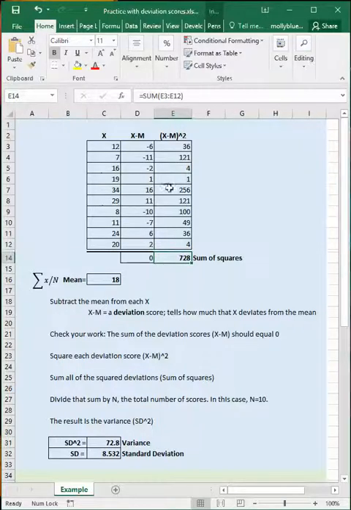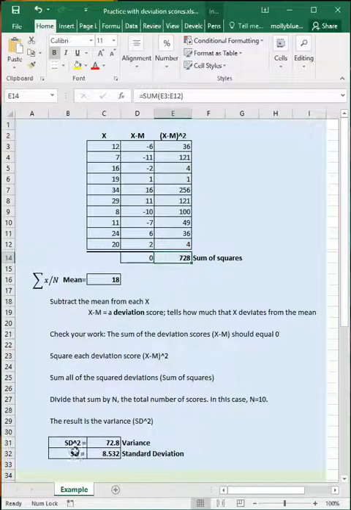Now, why did we do all this? Well, because we're trying to find the variance and the standard deviation of this data set. In order to do that, we set these three columns up, do these calculations, get our sum of squares, and then to find the variance, we divide the sum of squares by the number of scores that we used. In this case, again, it's 10.